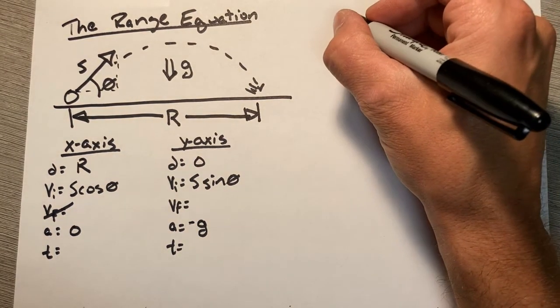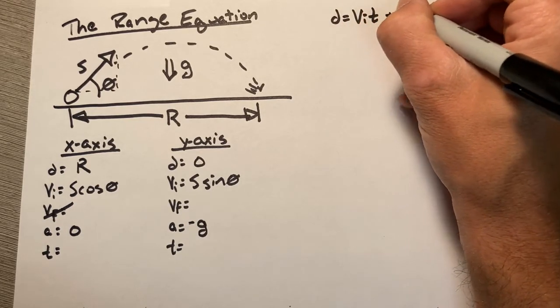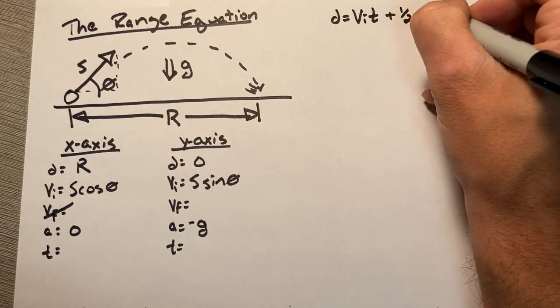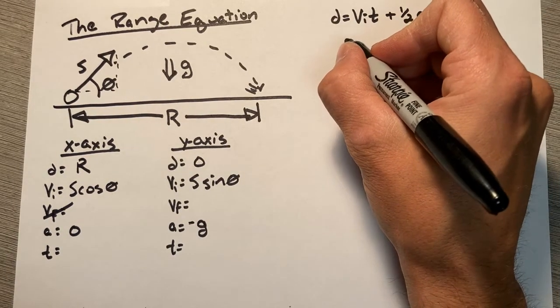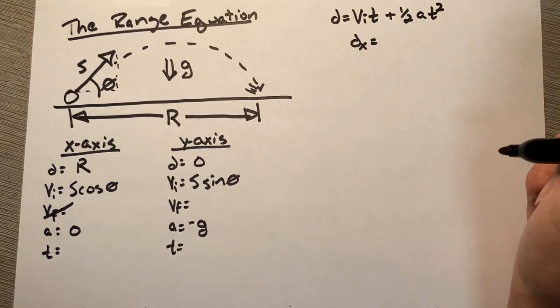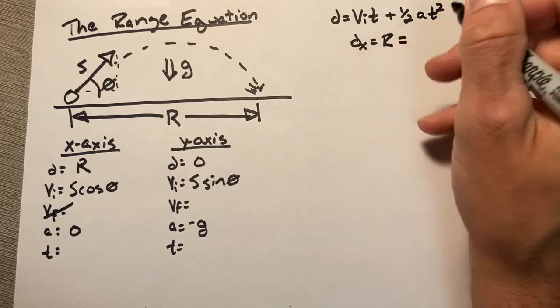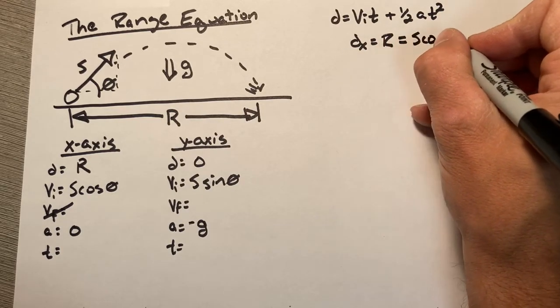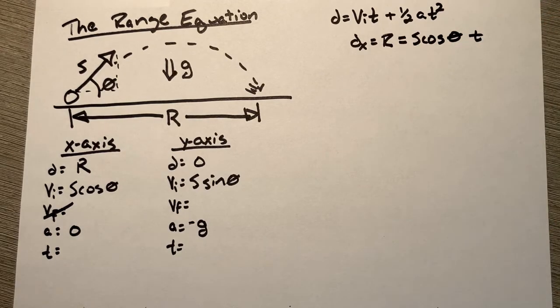Now, to derive the range equation, what we're going to use is the displacement formula from the kinematic equations. The first thing we're going to do is look at the x-axis and apply the formula to the x-axis. So within the x-axis, we know our initial velocity is s cosine theta, multiplied by time.